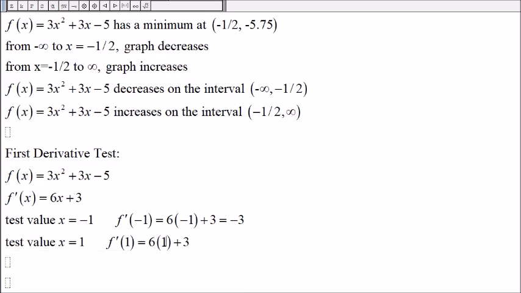So here we get a 1 and we get a 9. So this is less than 0 and this is greater than 0.